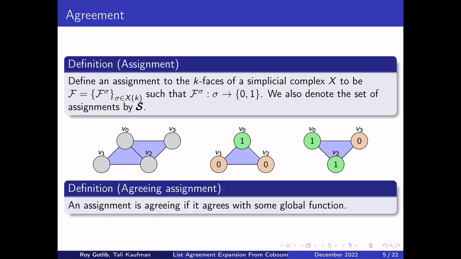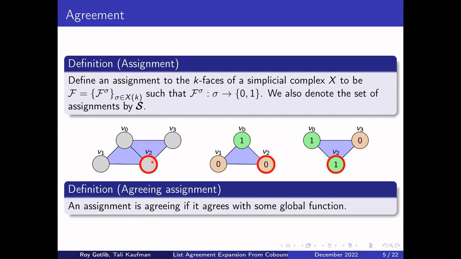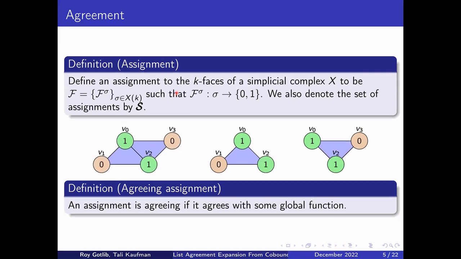We call an assignment agreeing if it agrees with some global function. So for example, this assignment is not agreeing because v2 is assigned 0 by this face and 1 by this face. If we wanted to change that assignment to be agreeing, we could change v2 and have an assignment that agrees with this global function.